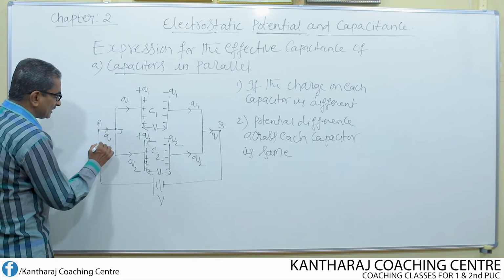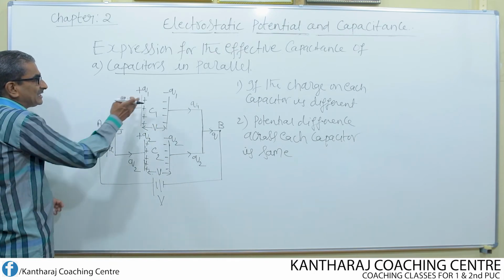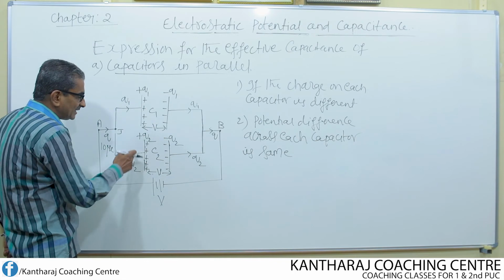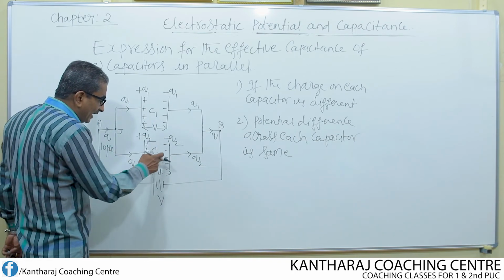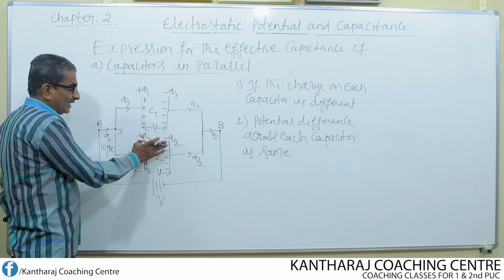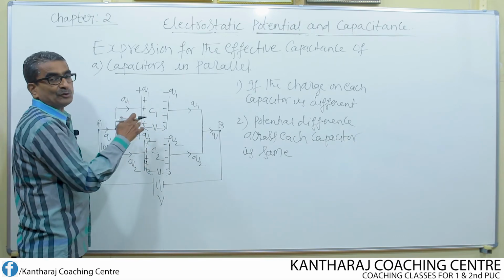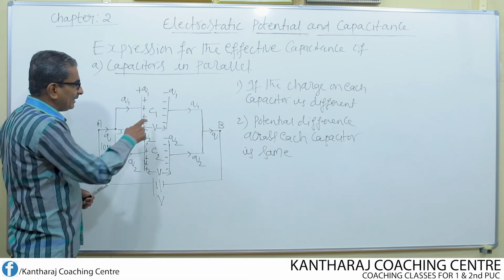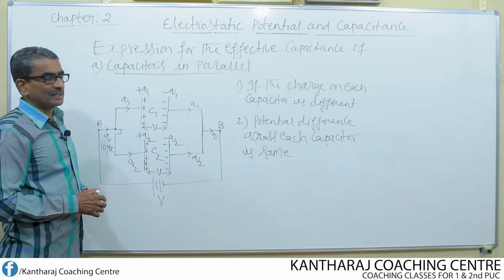Suppose if this total charge is, let us say, 10 microcoulomb. Now this capacitor may have a charge of 7 microcoulomb, whereas this may have a charge of only 3 microcoulomb. Or this may have a charge of, let us say, 8 microcoulomb. This may have a charge of 2 microcoulomb. It all depends upon the amount of capacitance.